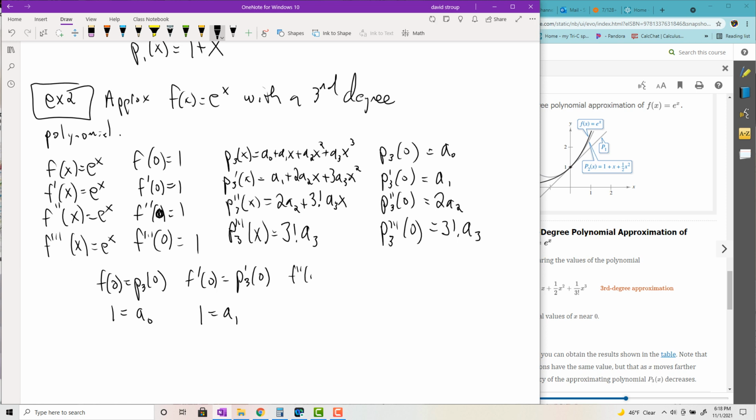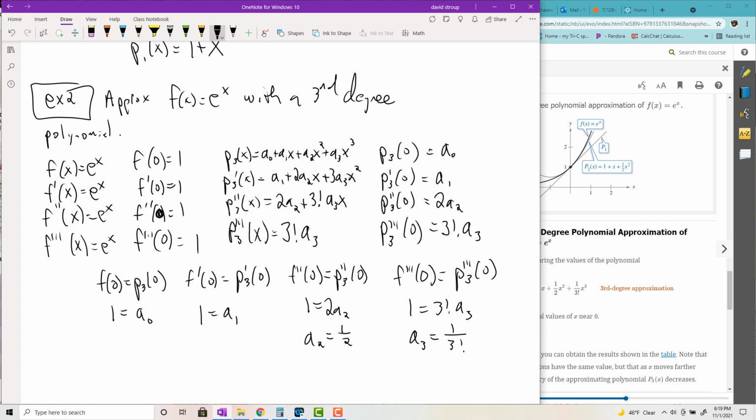F double prime of 0 equaling p sub 3 double prime of 0 is going to give you 1 equaling 2a sub 2. In this case you have to solve for a sub 2. A sub 2 is 1/2. The third derivative equal to the third derivative of the polynomial, evaluated at 0, gives you 1 equals 3 factorial a sub 3. So a sub 3 will be 1 over 3 factorial.